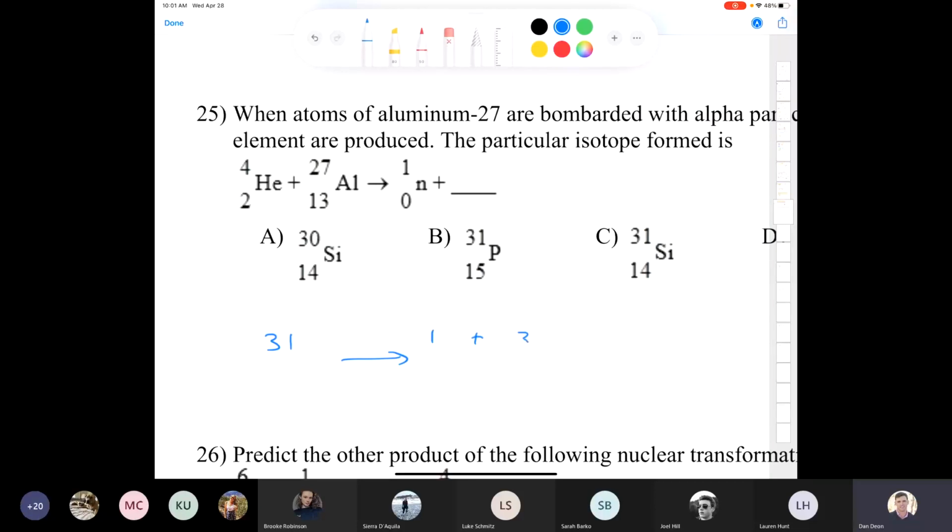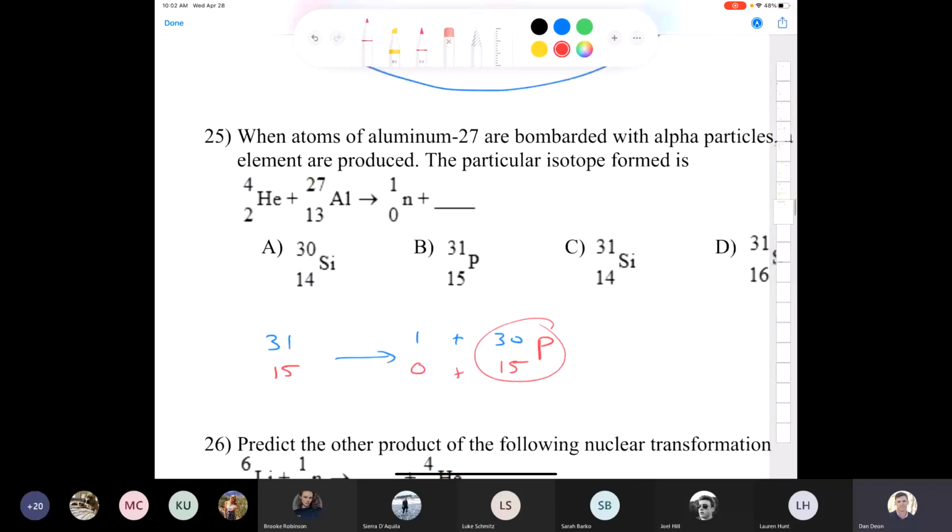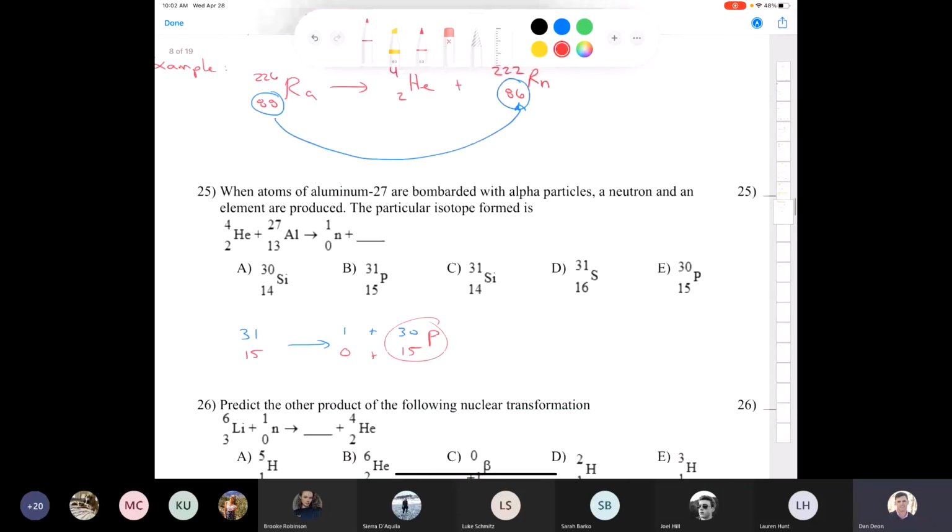And the answer is 30. So we have a mass number of 30 for our product. Then if we look at the atomic numbers, here we have 2 plus 13, which gives me 15. 0 plus what gives me 15? Here I have 0 plus 15. I go over to my periodic table, which is on the floor, and I look at element number 15, which is phosphorus. And so there's the answer. It must be phosphorus 30, which is E.